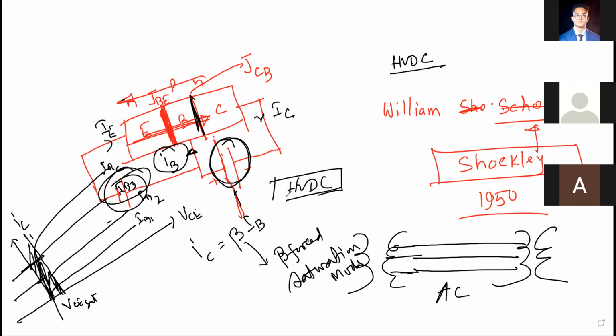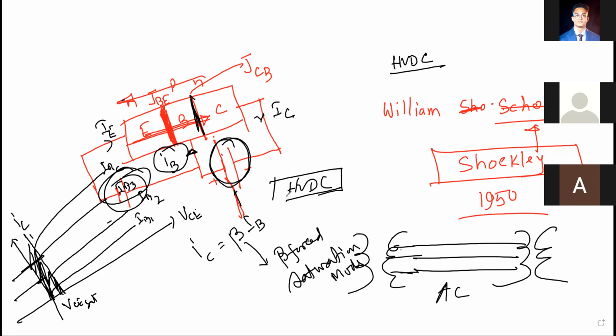So to transmit a big amount of current, the high voltage DC transmission line uses less cross-sectional area wire than the AC transmission.